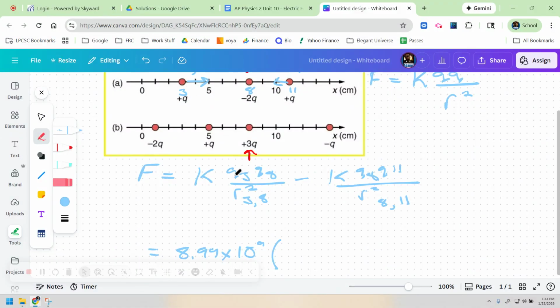So what is the charge for Q? 1 microcoulomb. So we're just going to say 1 times 10 to the negative 6.